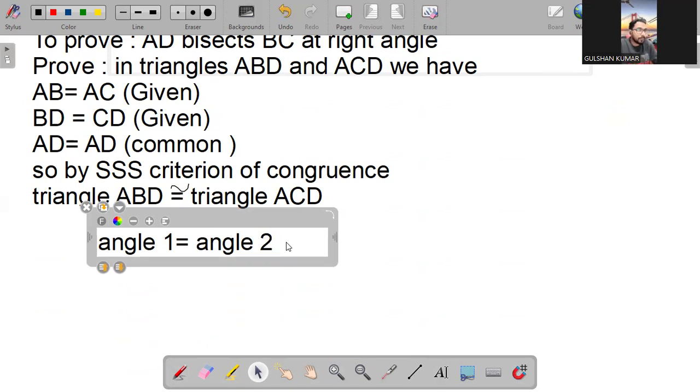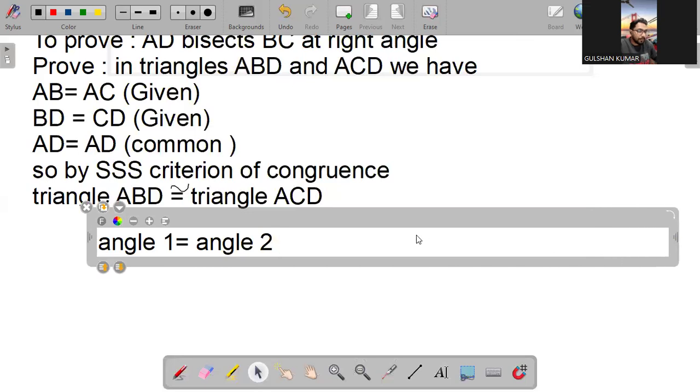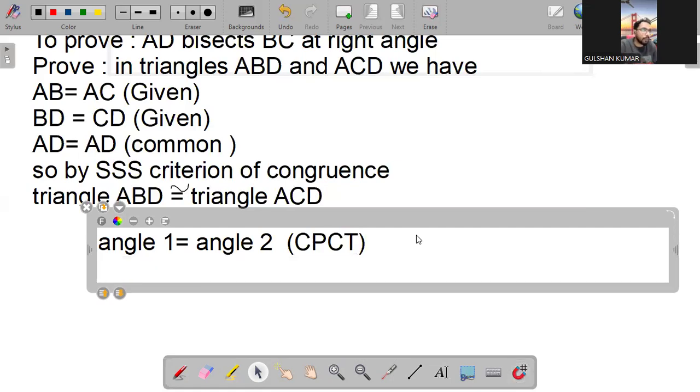That is due to CPCT, corresponding parts of congruent triangles. Angle 1 equals angle 2.